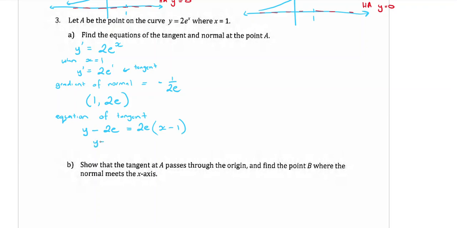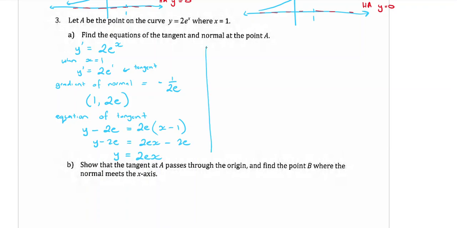So y take 2e would be equal to 2ex minus 2e. And if I add this 2e across to that side, what happens? They cancel. So it's just y equals 2ex. That's pretty cool. The equation of the tangent goes through the origin and has a gradient of 2e. But anyway, interesting stuff.